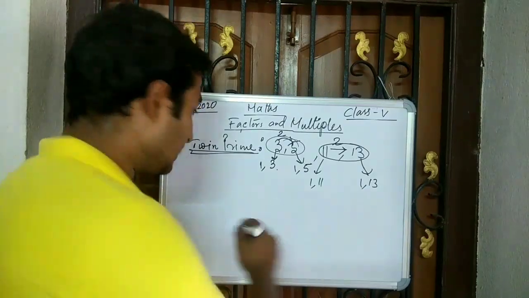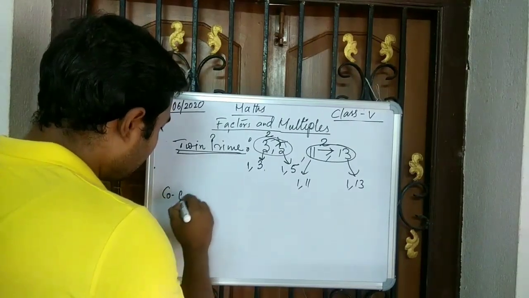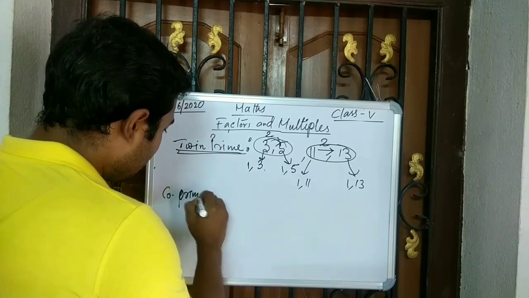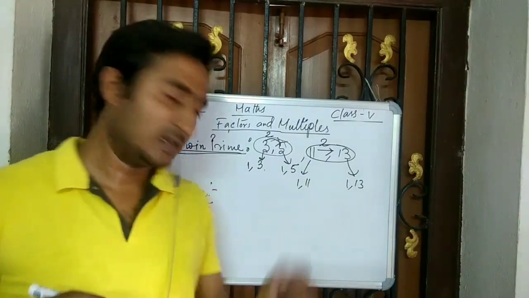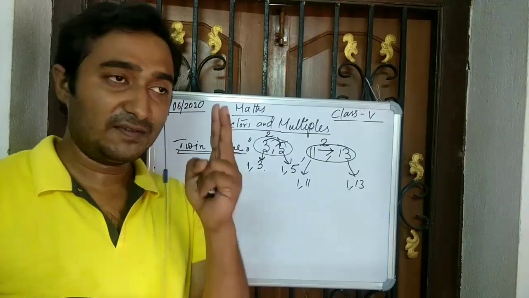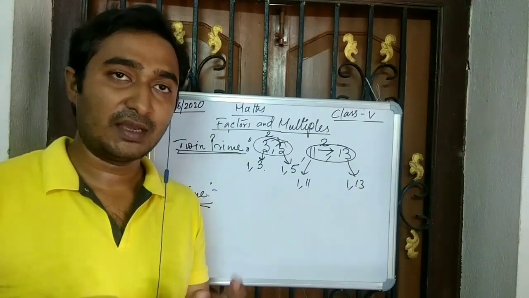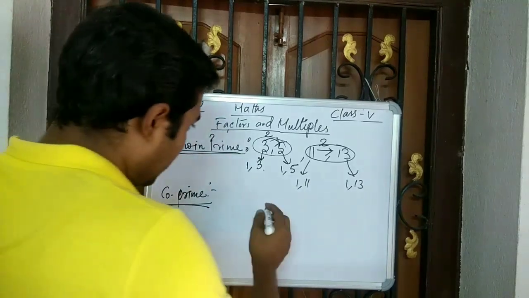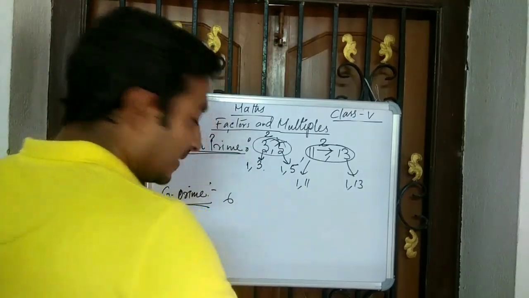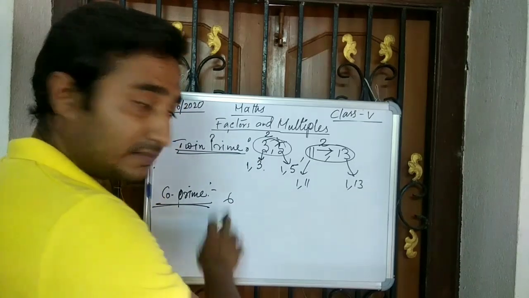Okay. Another is coprime. Coprime numbers are also a pair of numbers. If a pair of numbers does not have any common factor, let's give an example. Suppose 6. 6 is not a prime number.